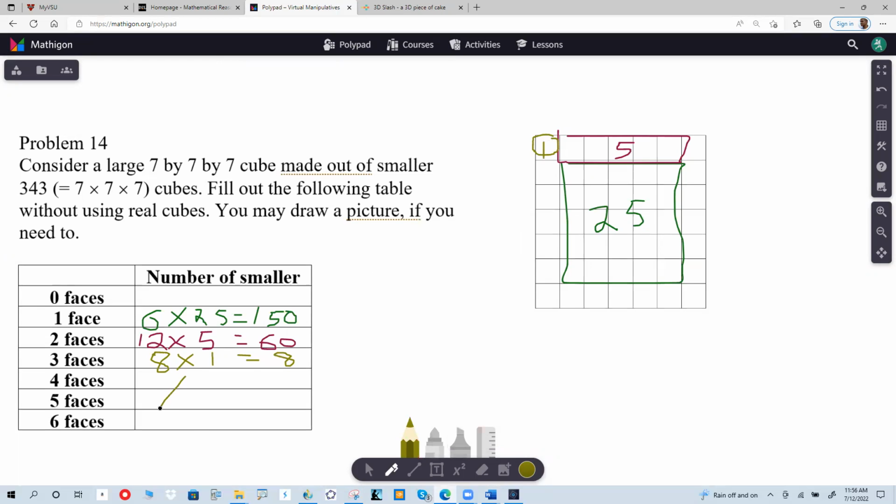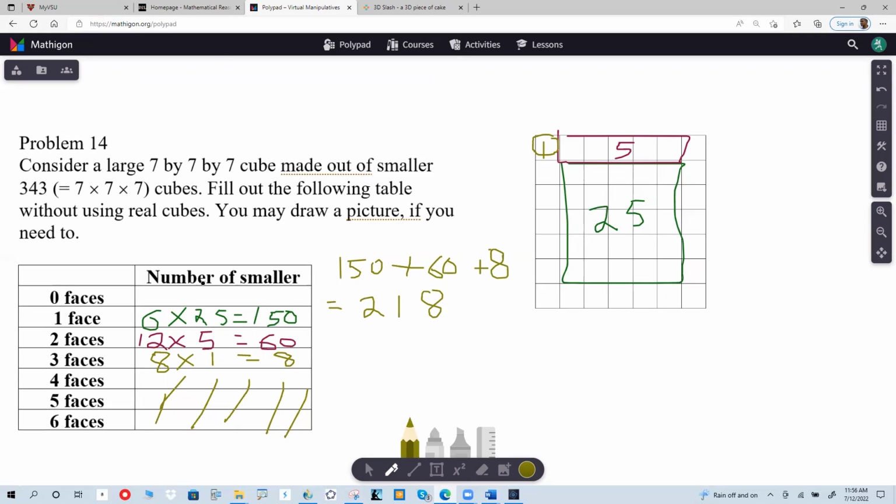I'm not going to worry about this, guys. 0, 0, 0. Now, when you add these 3, 150 plus 60 plus 8, you get 218.